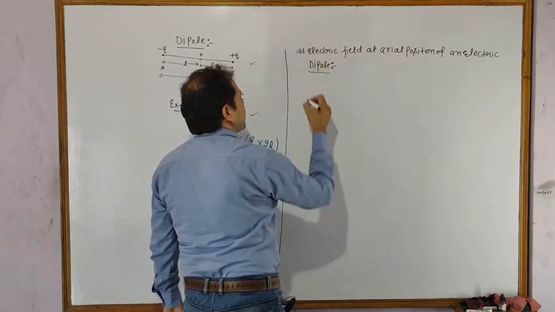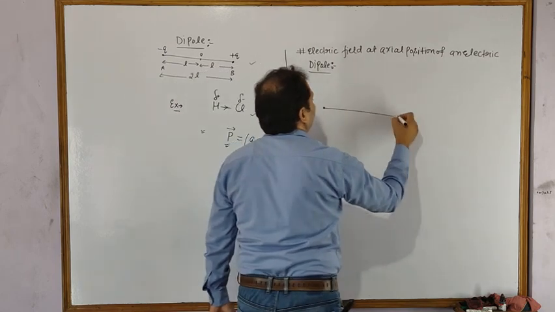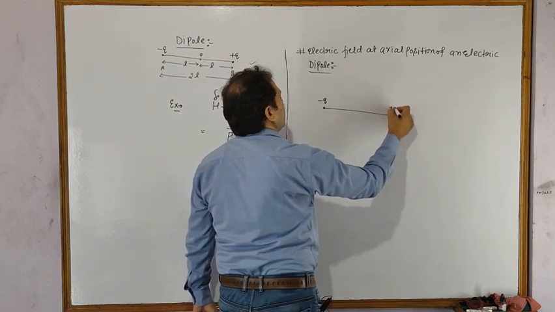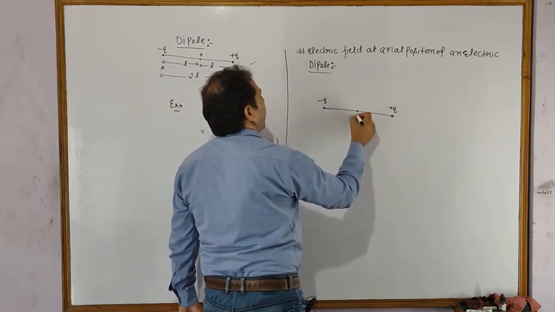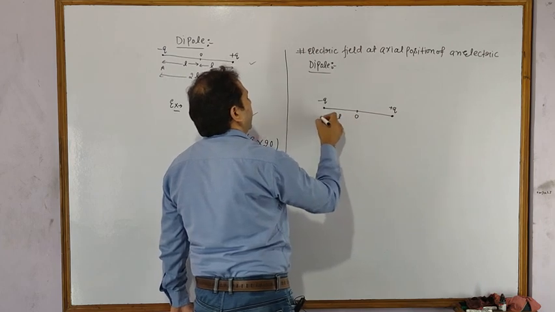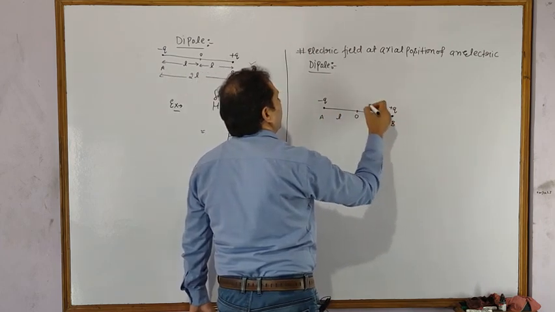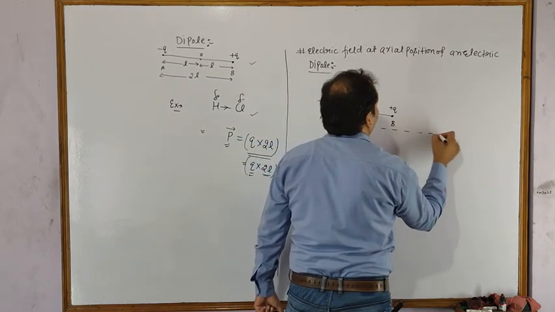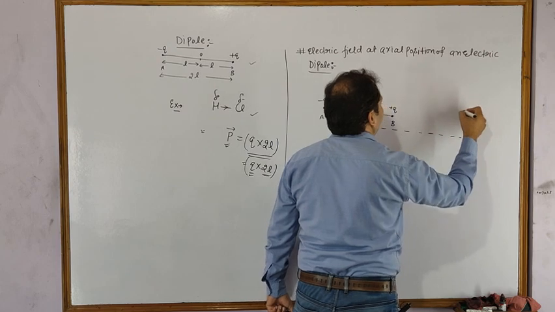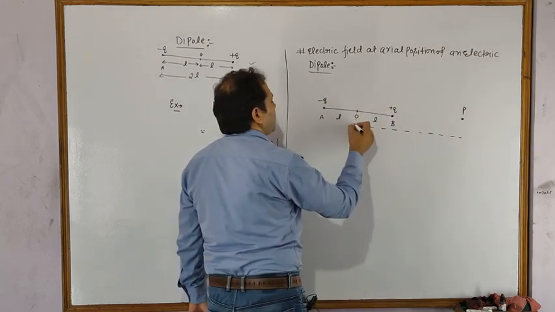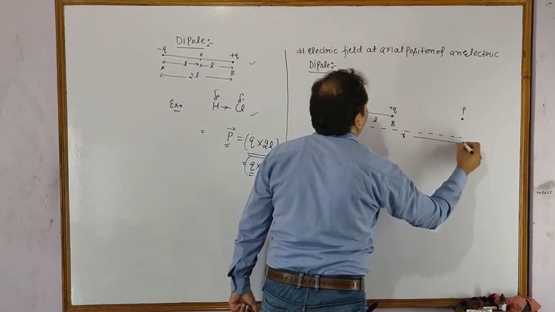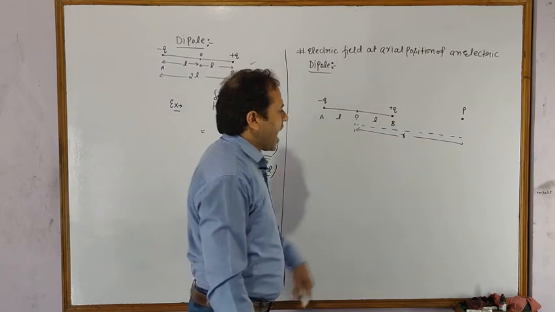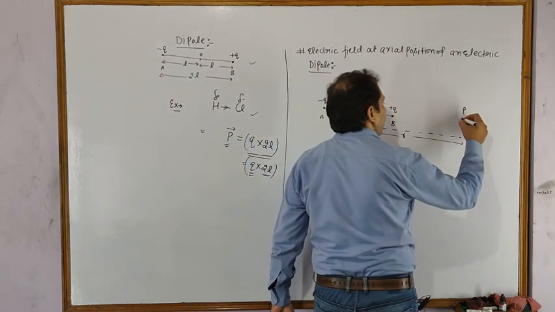Let us consider a dipole having charge minus Q and plus Q and midpoint O. Let us consider a point P which is R distance away from the mid position of the electric dipole AB, where we have to find the final electric field.